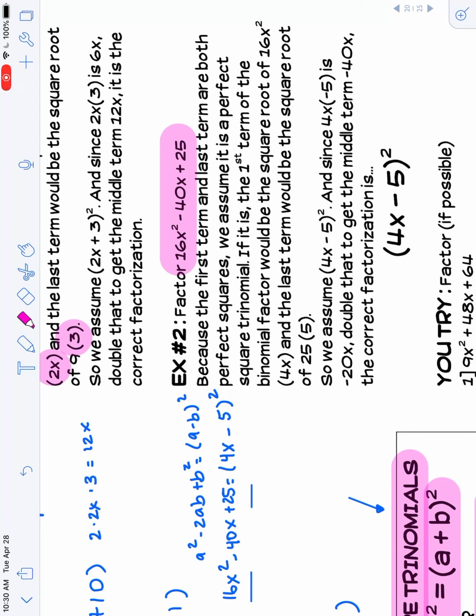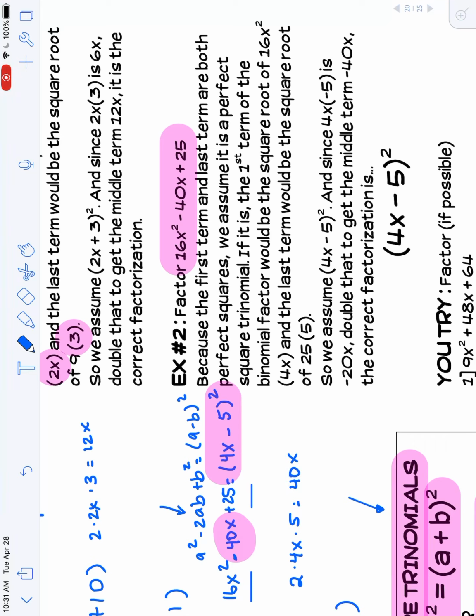Now, how do I know if this works? I have to check the middle. Checking the middle, I use negative 2ab, or 2ab. So 2 times a times b. 2 times 4 is 8. 8 times 5 is 40x.